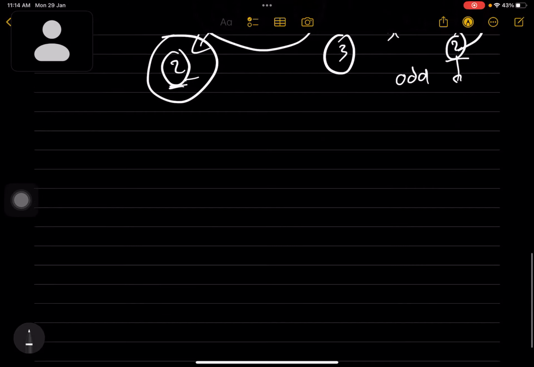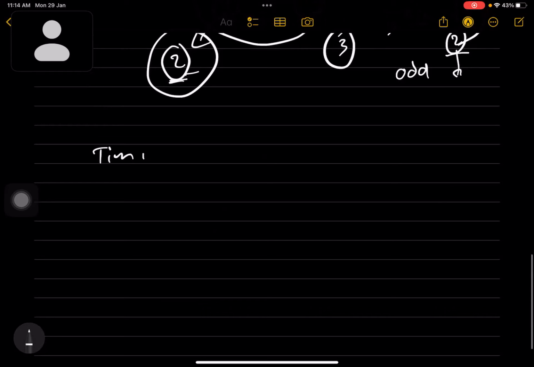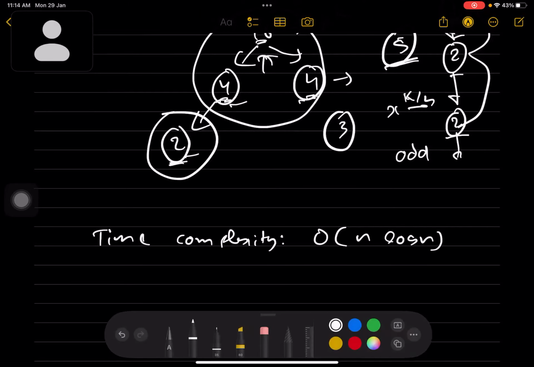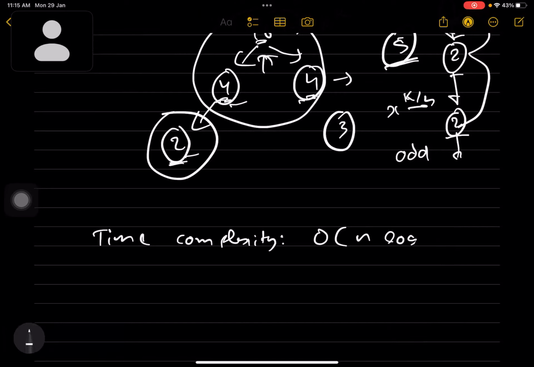And the time complexity of this question is O of n log n, okay? Not log n, basically, because we are considering numbers instead of the array length, right?